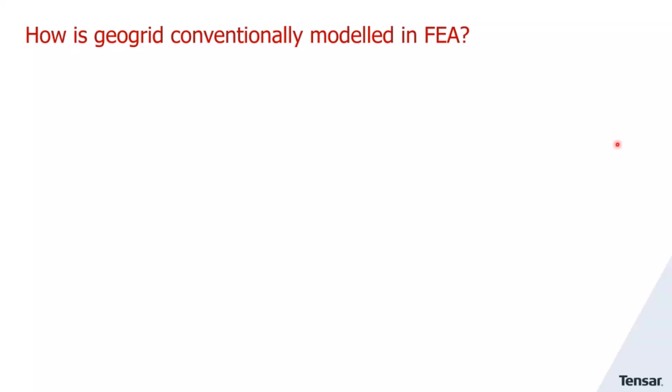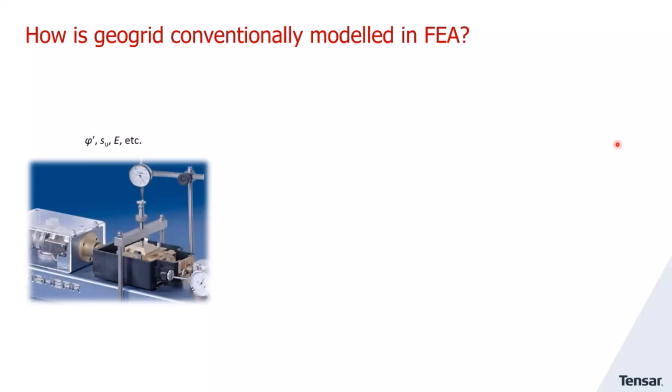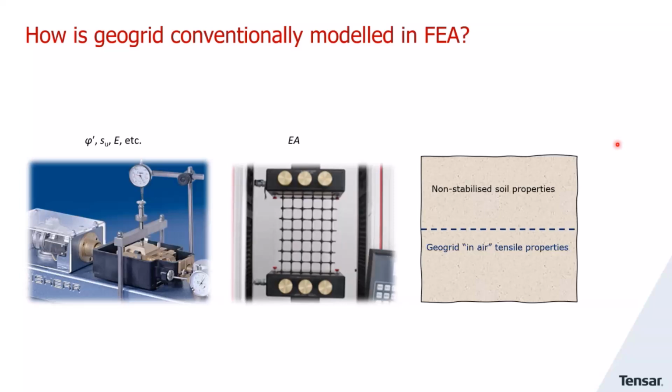So if we take a step sideways to the question of how geogrids are conventionally modeled in sophisticated models like finite element modeling, Plaxis for some of you, then the designers are trying to determine the soil properties of their fill materials and the properties of the geogrid itself.